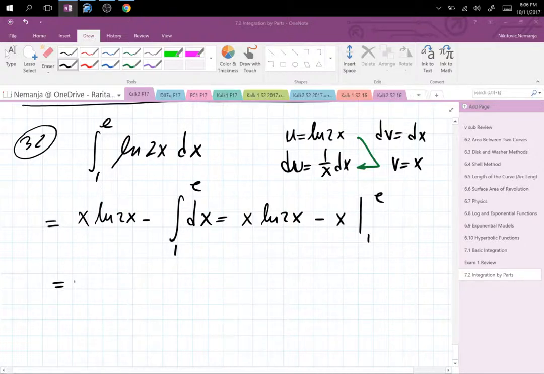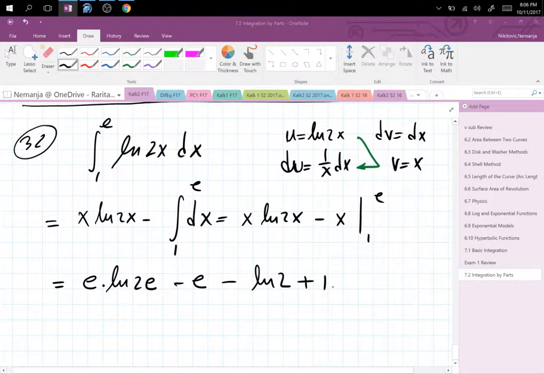So we have, what? We have e times ln 2e minus e, and then minus, when you plug in 1, ln 2, and minus is plus 1. Now this guy over here is ln 2 plus ln e.